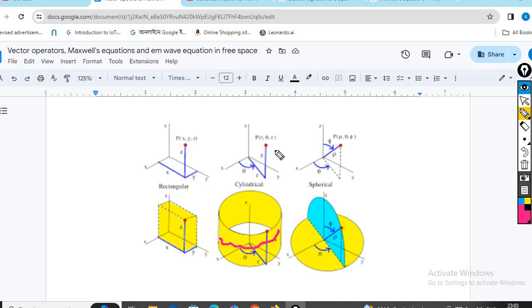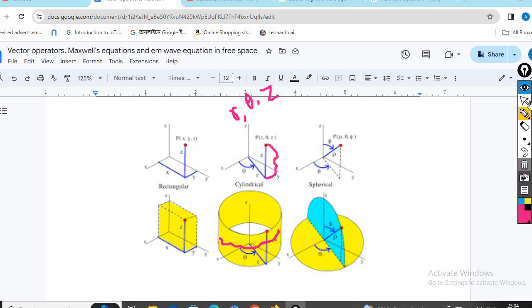So in the cylindrical coordinate system, height plays a very important role. The coordinates are represented as r, theta and the height, and the height we represent by z. So it's a mixture of the Cartesian coordinate system and the polar coordinate system. The height of the cylinder is not changing.